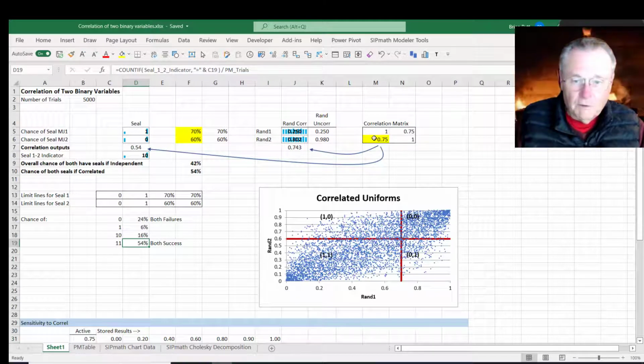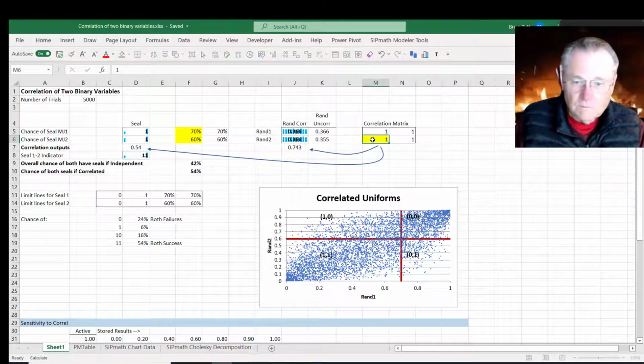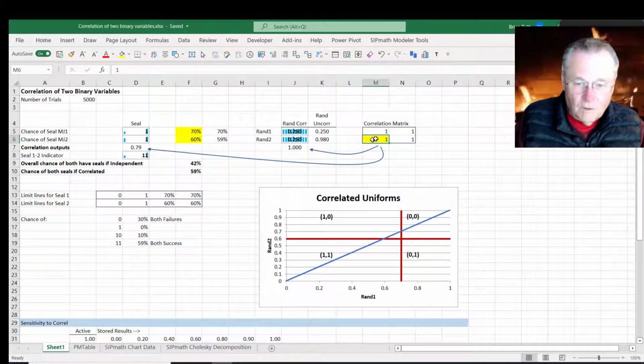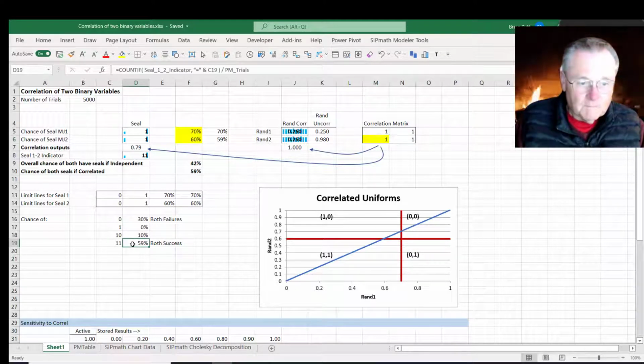What happens at 1? You get a straight line. It goes from 0, 0 up to 1, 1. And if they're perfectly correlated, we only get 59% are actually both going to be successes.